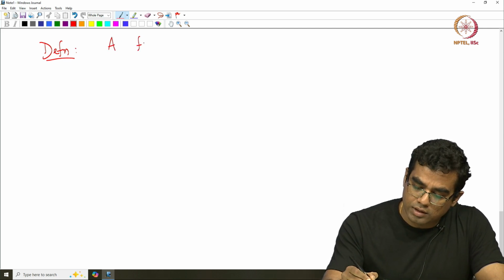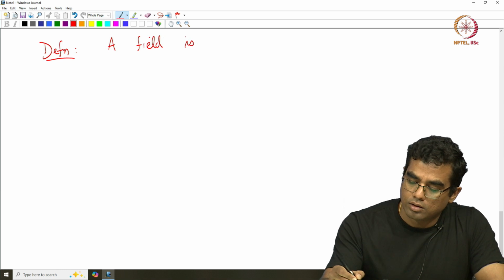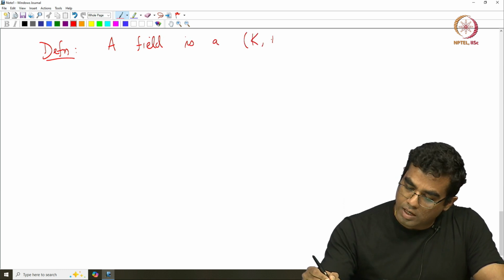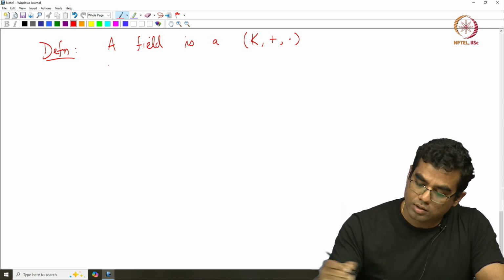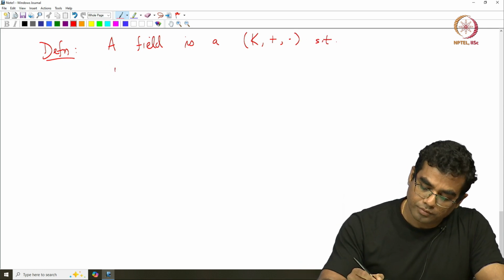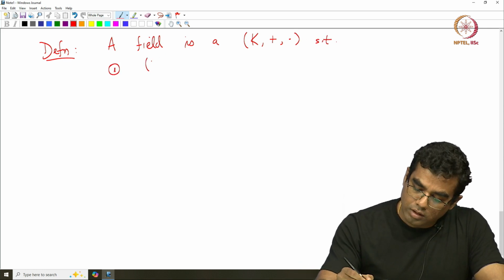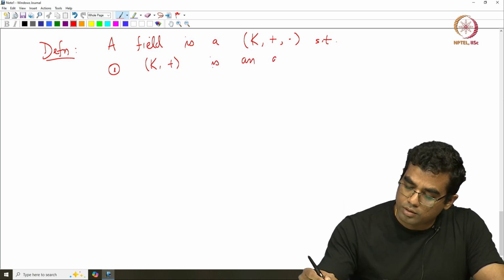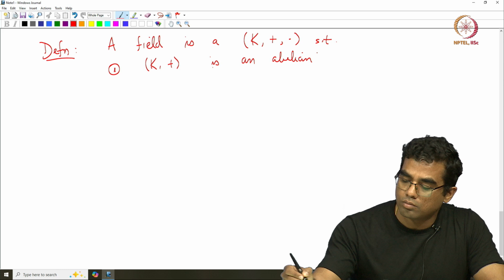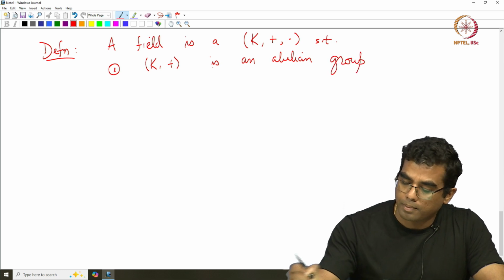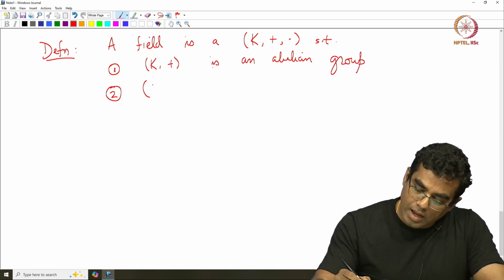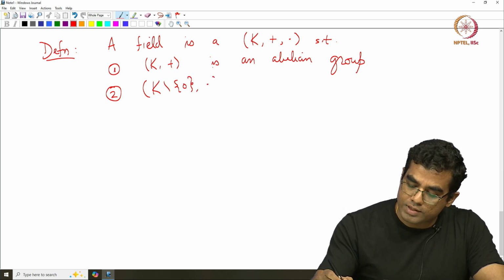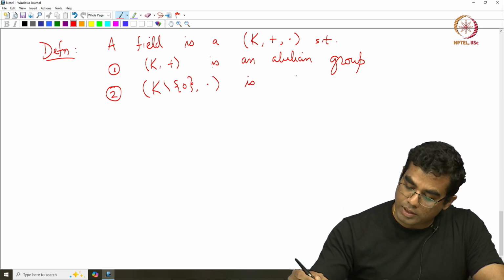A field is a tuple k with addition and multiplication such that, 1, k with addition is an abelian group, and k minus the additive identity, which we denote by 0, is also an abelian group.